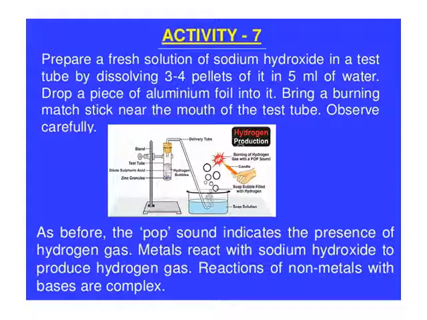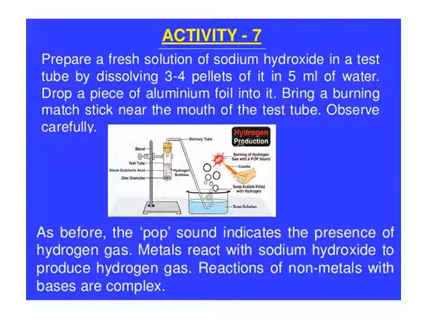So, now let us go into the activity. Look at the diagram at the center. A test tube is clamped in a stand, and it already contains sodium hydroxide solution.